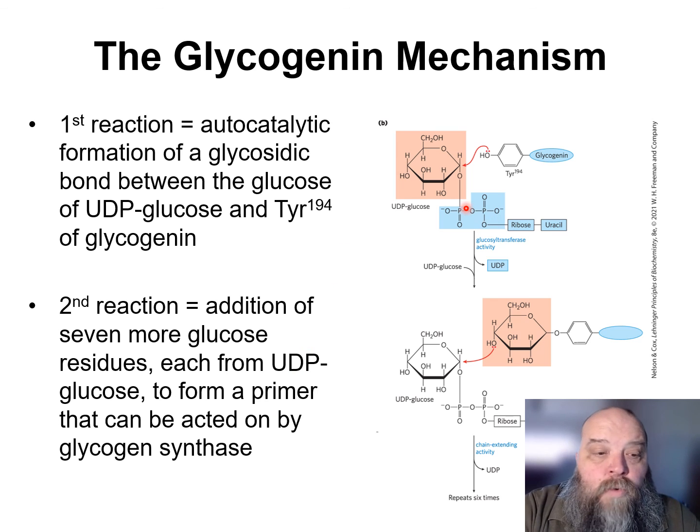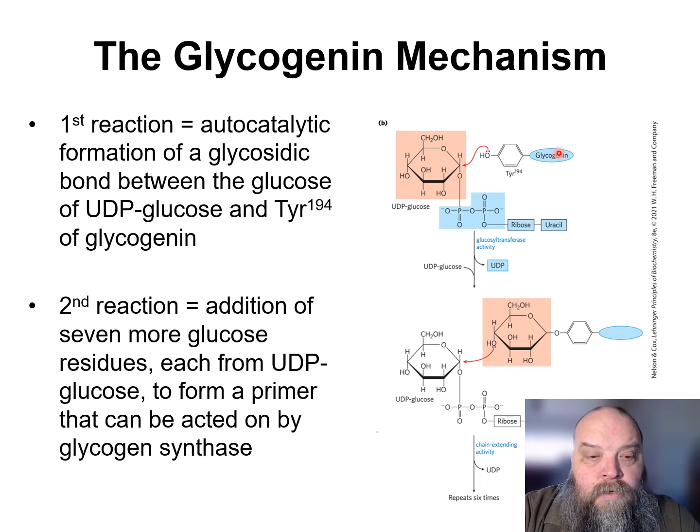Well, what we know is that the first reaction is that the sugar is going to be added to a tyrosine residue of glycogenin. Okay? It's not the glycogen core proteins that we talked about last section.